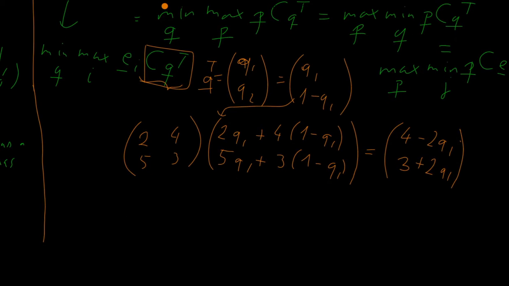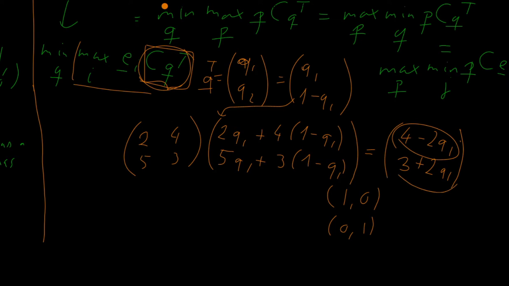Now, the maximum over the ith column vector. For example, if I'm multiplying this with 1, 0, then I will get this expression. If I'm multiplying this with 0, 1, and that's the power of the Loomis theorem, I don't have to use P1, P2 at this point, it's enough to use the unit vectors, because multiplying by 0, 1 will give me this vector.